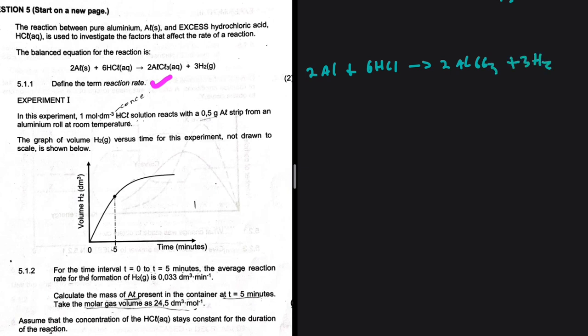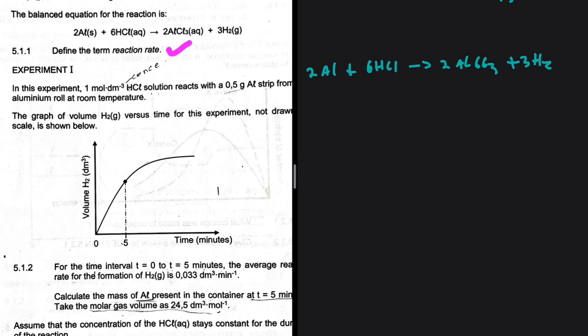In this reaction, 1 mole per decimeter cube of HCl solution reacts with 0.5 grams of aluminium strip from an aluminium roll at room temperature. The graph of volume of H2 versus time for this experiment, not drawn to scale, is shown below, as you can clearly see.